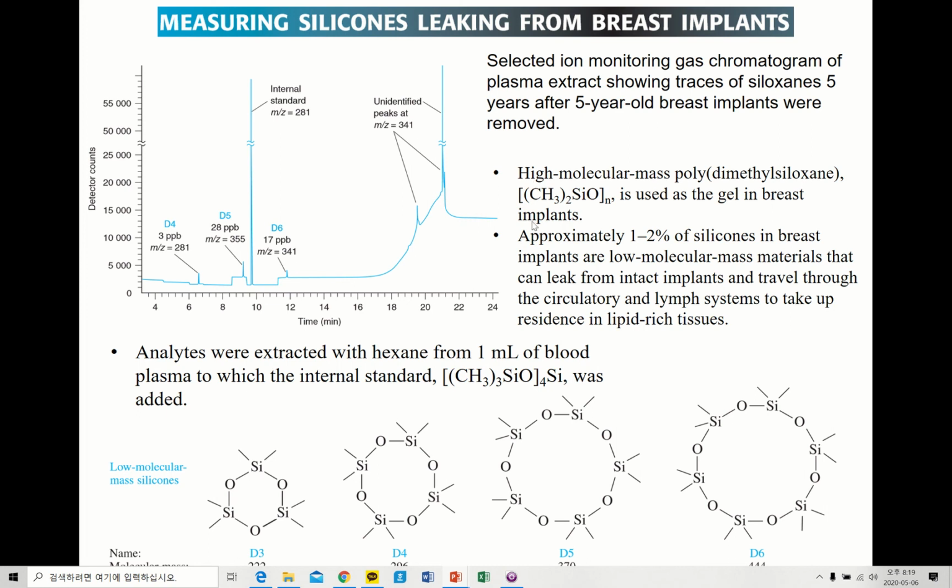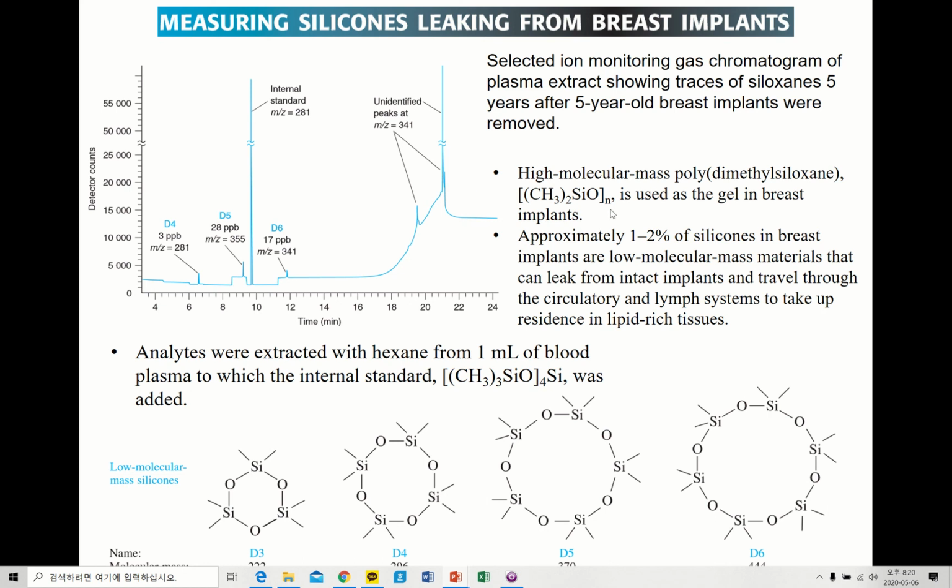In a previous chapter, you learned how to operate a mass spectrometer. There are several ways of operating it. One is the selected ion monitoring. You first set the mass-to-charge ratio at a specific value, and then you run both the gas chromatograph and the mass spectrometer, and then you can detect a specific mass-to-charge ratio.